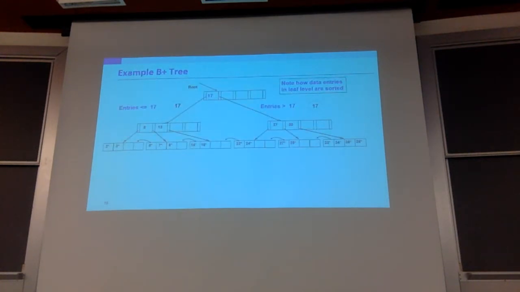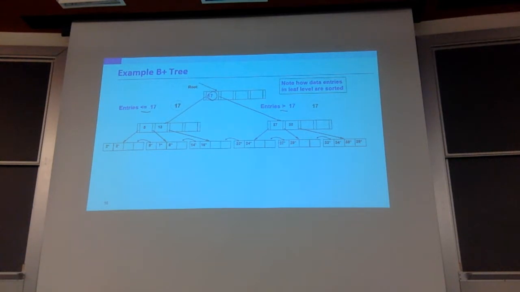Okay, so let's see an example here. So the definition of the index entry is still the same. If you have a 17 here, that means every key on the left is smaller than or equal to 17, and everything on the right is greater than 17. Of course, these definitions are not necessarily the only way to do it.